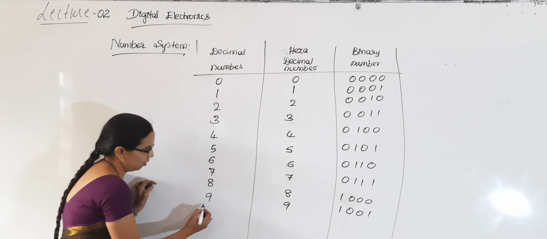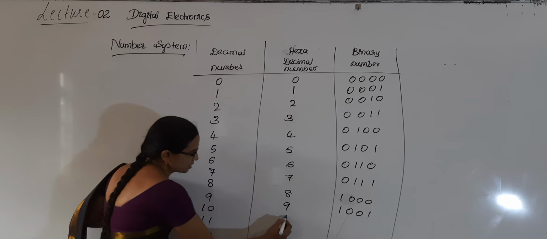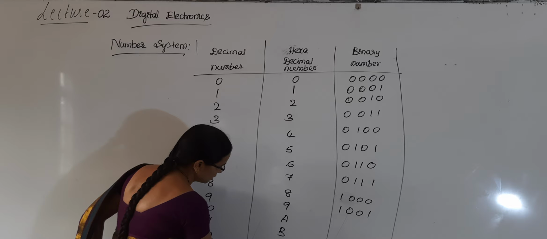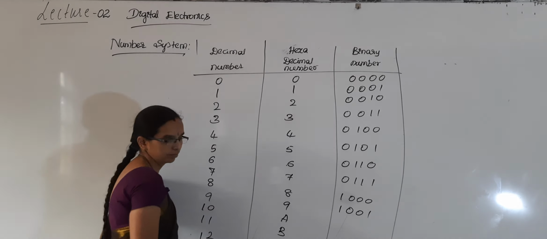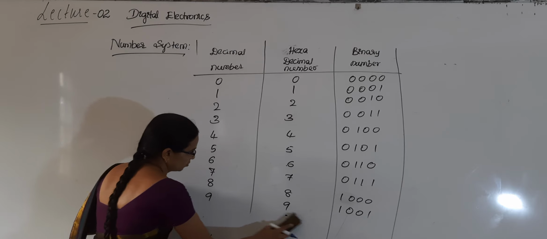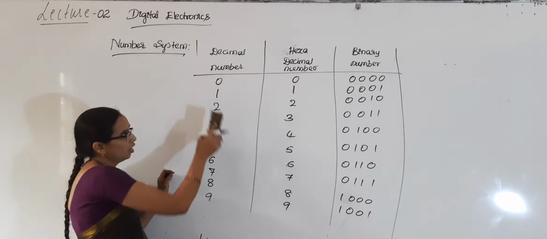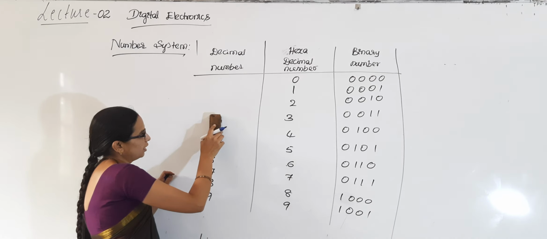Here in decimal 10, 11, 12, 13 it is A, B, C, D. I guess it's not visible. Up to this you copy it. After that I will write here.